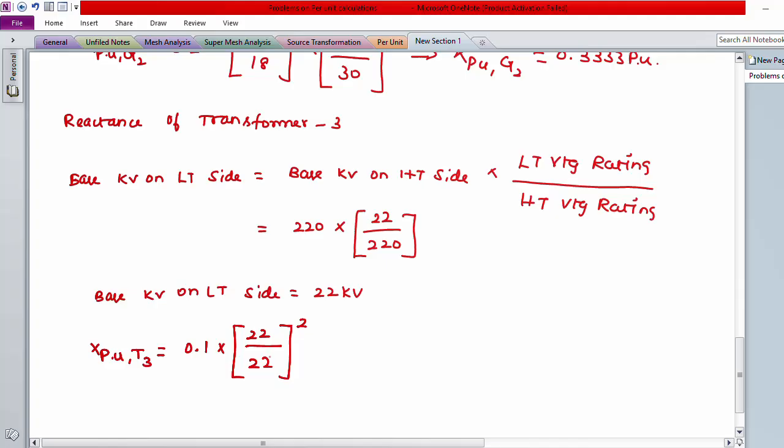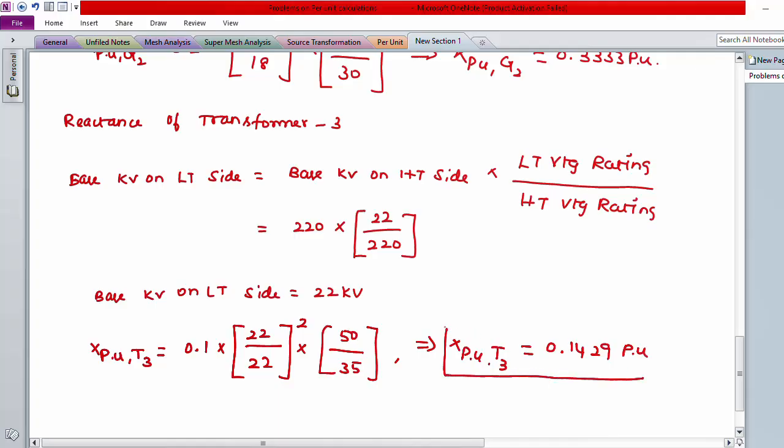So 22 divided by 22 the whole square into MVAB new 50, MVAB old is 35. If you simplify this value, the X per unit transformer 3 becomes 0.1429 per unit.